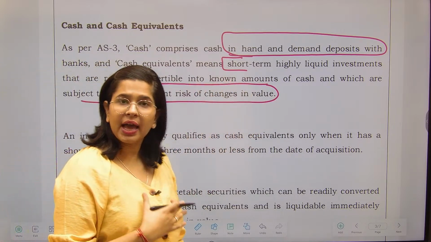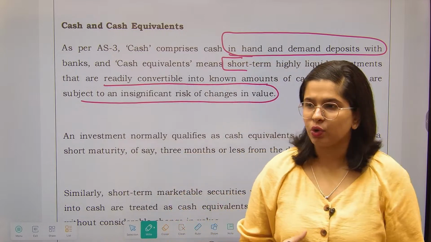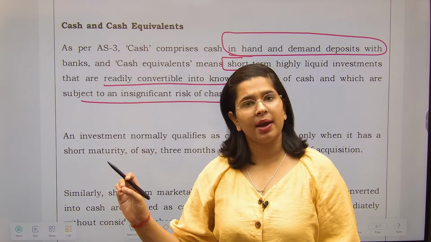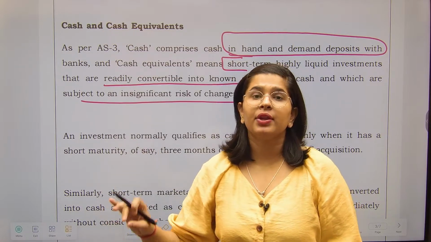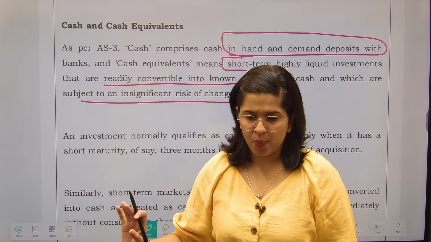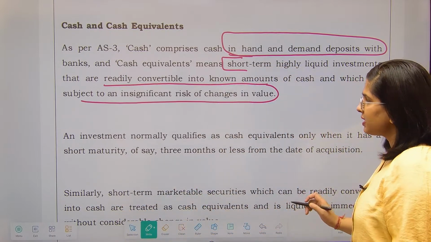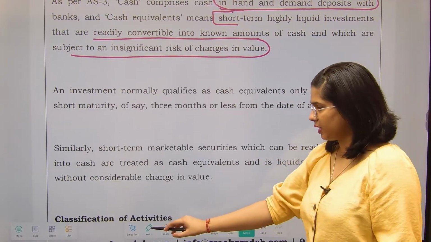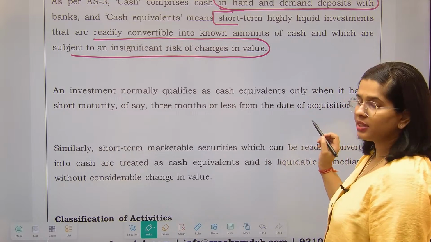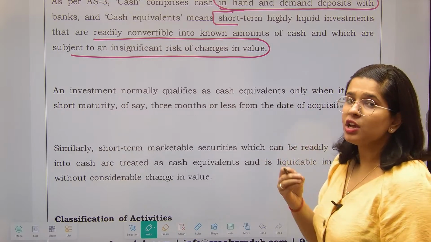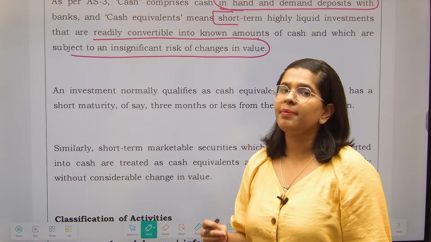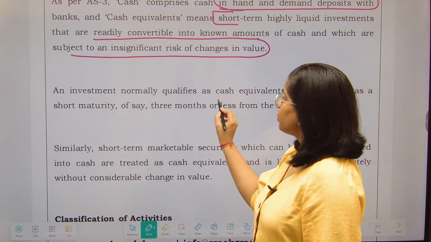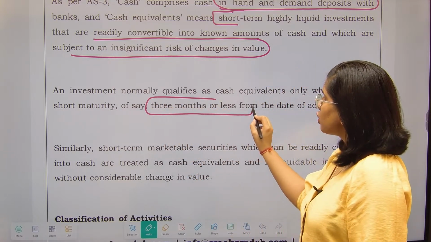That means I do not have to worry about loss in value. If that particular asset is for 10,000, then I will get approximately 10,000 in the market. There will be insignificant loss in value. Now the examples: an investment normally classifies as a cash equivalent only when it has a short maturity. There are some short term investments which can be classified as your cash equivalents, but the condition is they should have a maturity of 3 months or less.